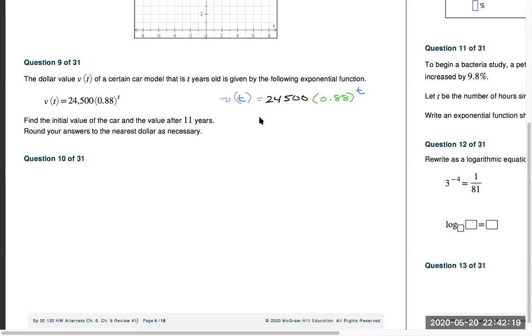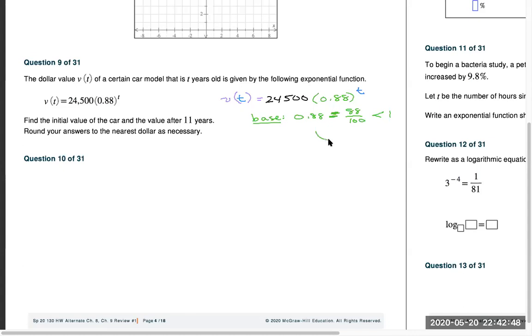A few notes. We have our base for the exponential function, that's 0.88, which is also the same as 88/100ths. I want you to note that that's less than 1.